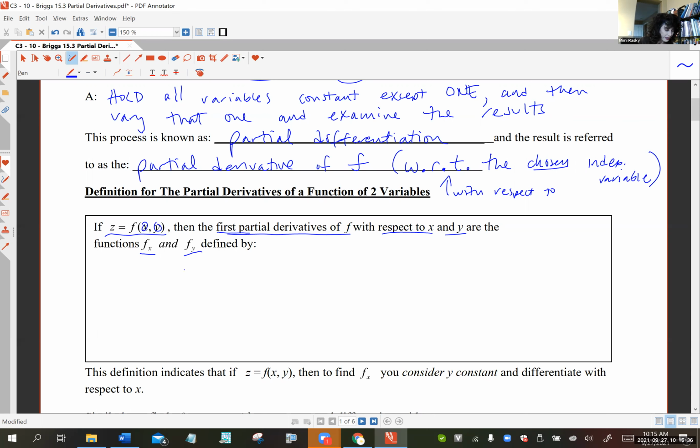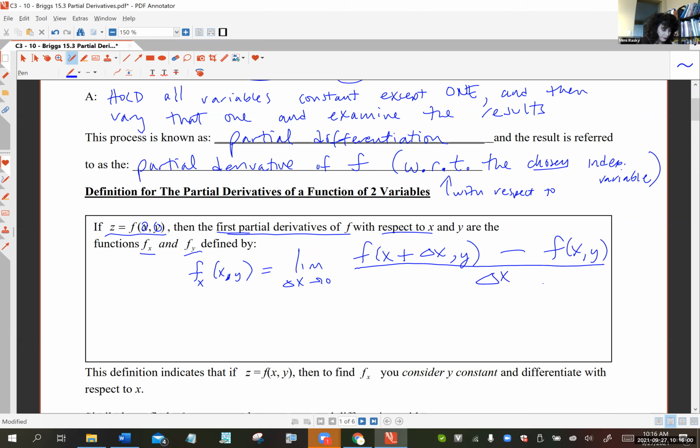So the one for x, we use the subscript notation, subscript x. And I'm going to give you the limit definition. f_x(x,y) is the limit as delta x goes to 0 of f evaluated at x plus delta x, comma y, minus f of x, y, all over delta x.